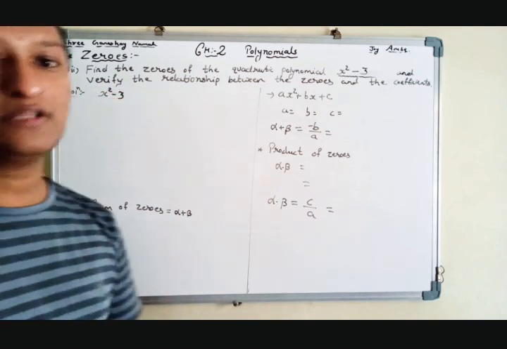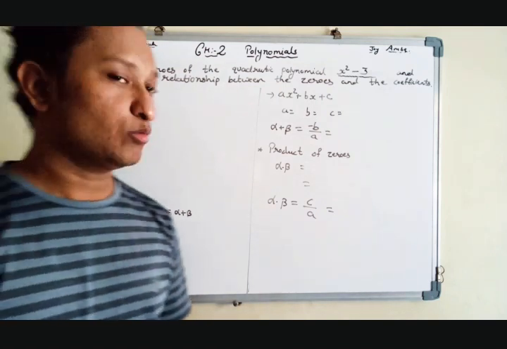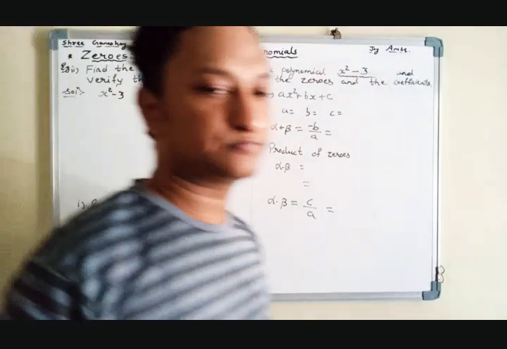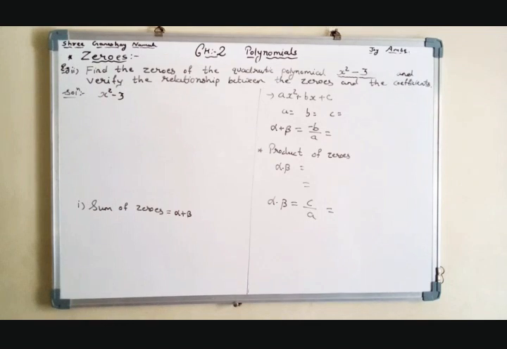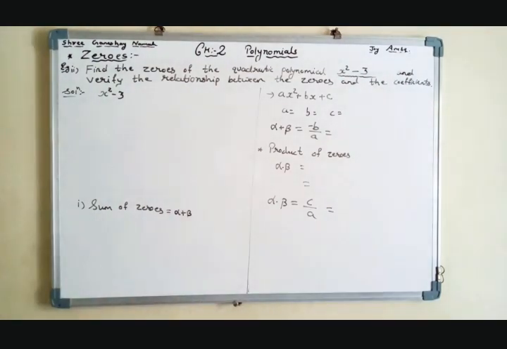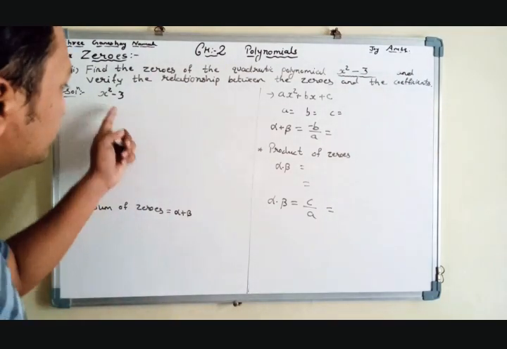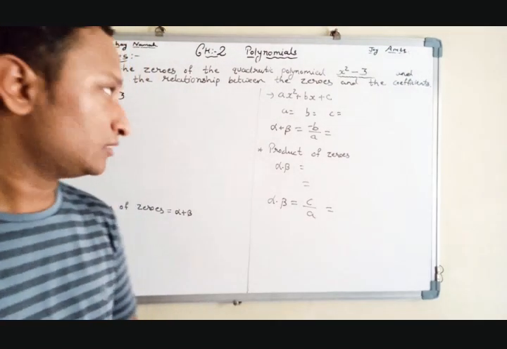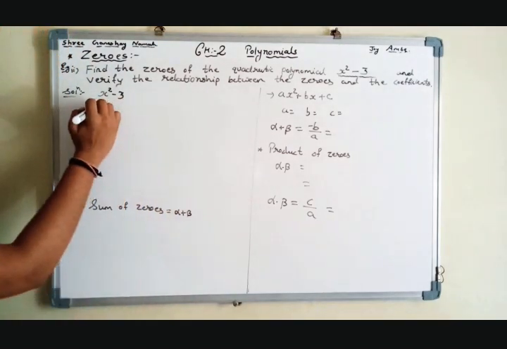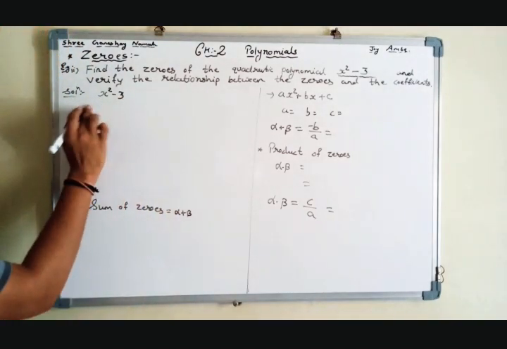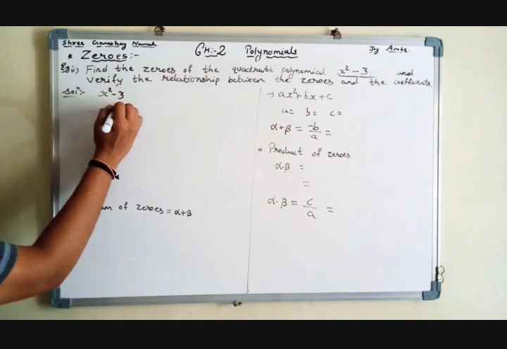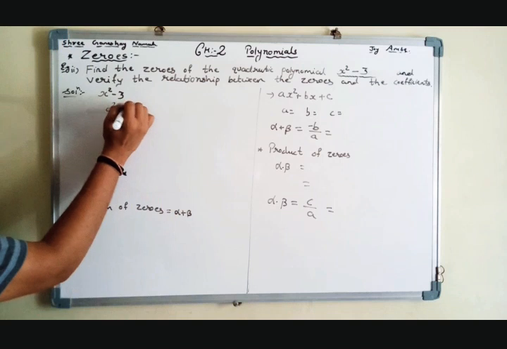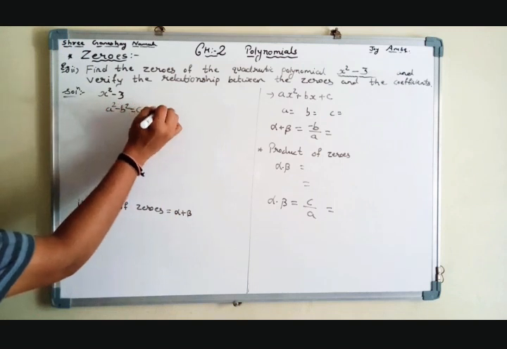Let us recall the formula of a square minus b square. What is the formula of a square minus b square? That is a minus b, a plus b.